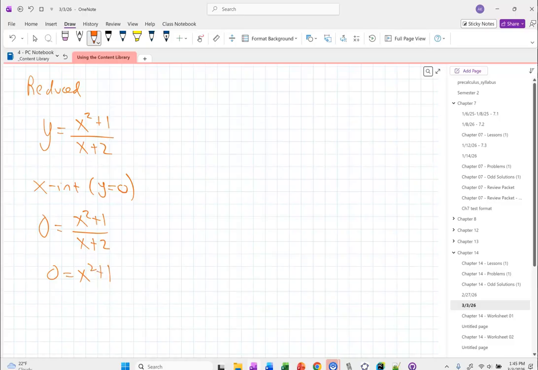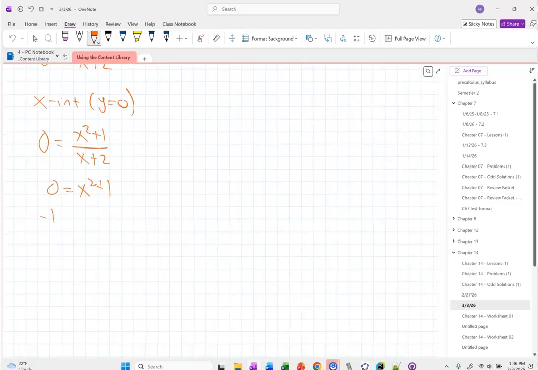So is the numerator equal to 0? How are we going to solve x squared plus 1 equal to 0? Just move the 1 to the other side. Okay, subtract 1 and then what? Square root of it. When we square root both sides of an equation, what do we have to remember? Plus minus. Yes. What's the square root of negative 1? I. What does that tell me about the presence of x-intercepts? Plus minus i, or it's imaginary.